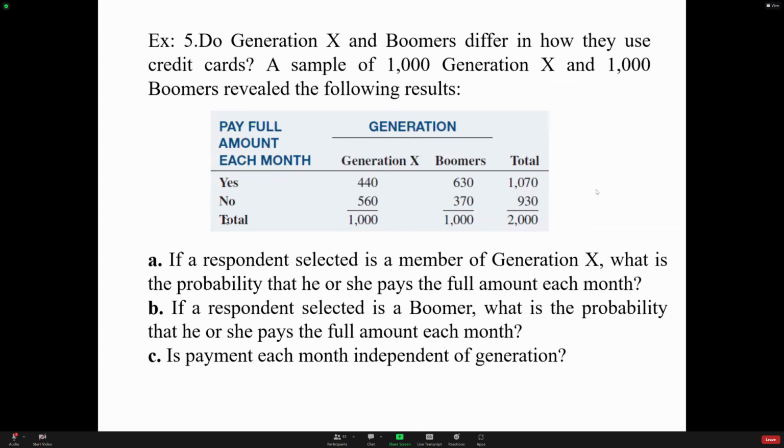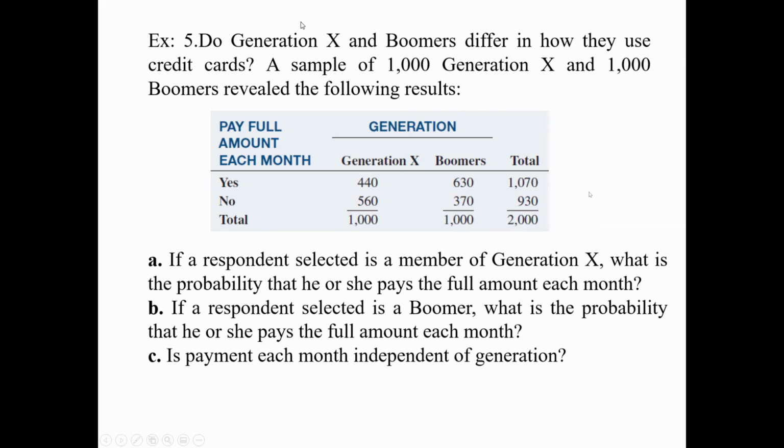Okay, look at this question. Here again, the question is related to Generation X and the boomers. The data is the same data. The sample of Generation X is 1,000 and also boomers 1,000.